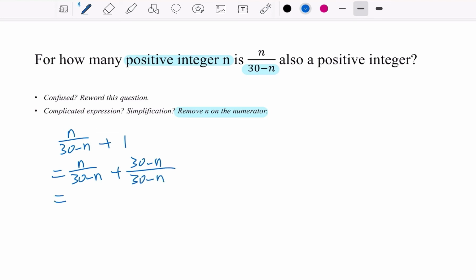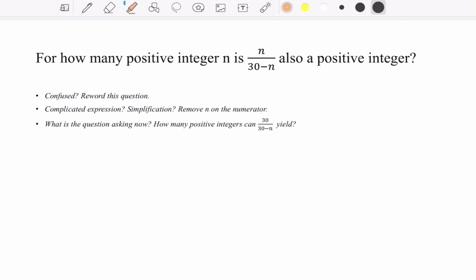Notice that n on the numerator has different signs, thus we can remove them, leaving 30 over 30 minus n as the simplified expression. Okay, so now the question becomes, how many positive integers can 30 over 30 minus n yield, or generate?